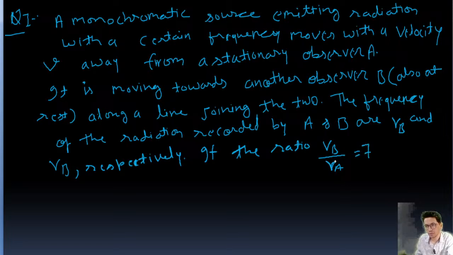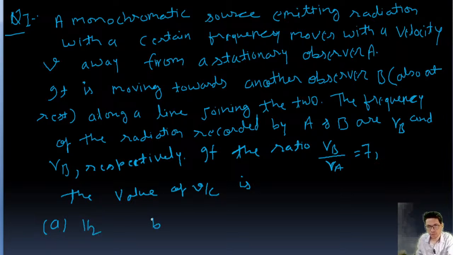so this is given in the question. The value of v upon c, velocity upon c, is: option A is 1 by 2, option B is 1 by 4, option C is 3 by 4, and option D is root 3 by 2.